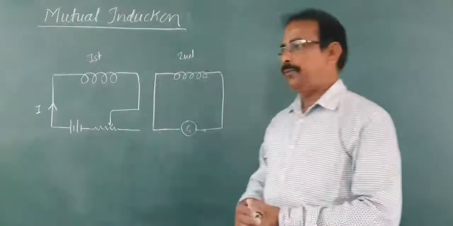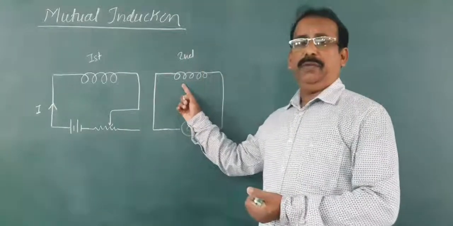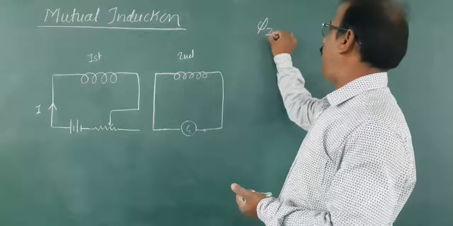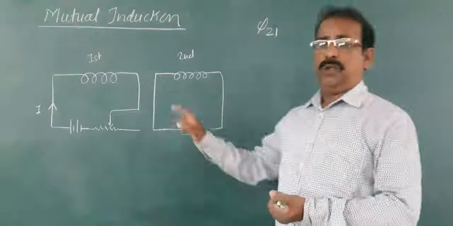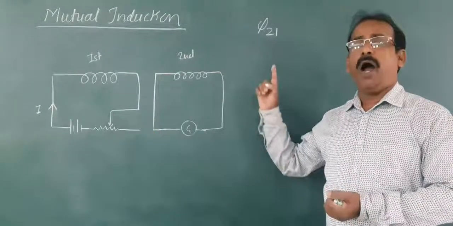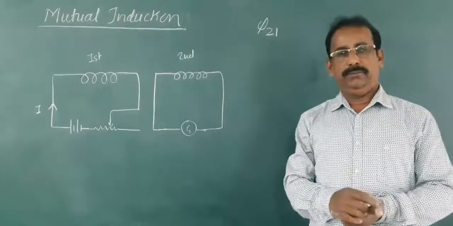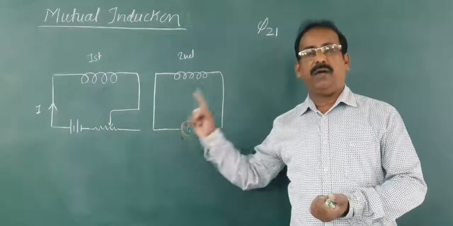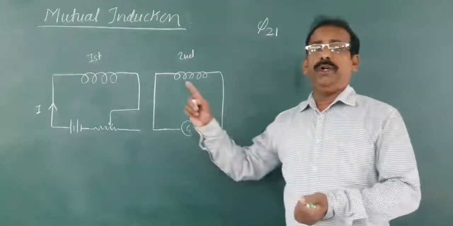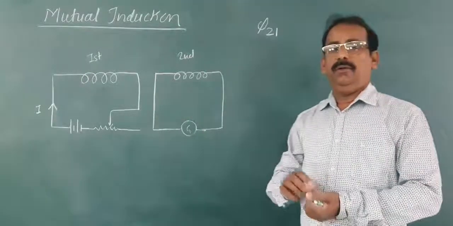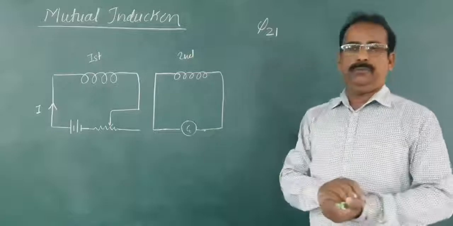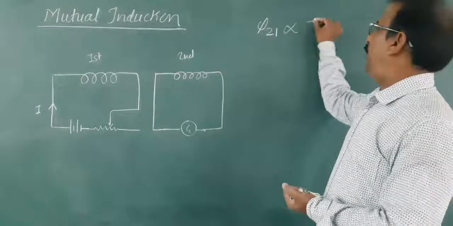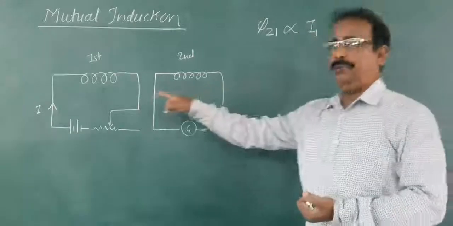Here, represent the flux passing through the secondary coil due to the current in the primary coil by φ21. This φ21 is proportional to the current in the first coil.